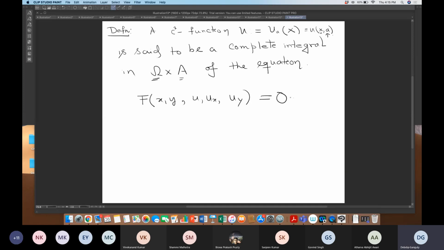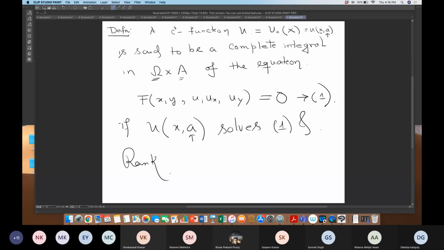Okay, u is said to be a complete integral of the equation if u(x,a), for some a, solves it in the pointwise sense, and, this is very important, the rank of the matrix (Du, D2xu) is 2. That matrix has rank 2.